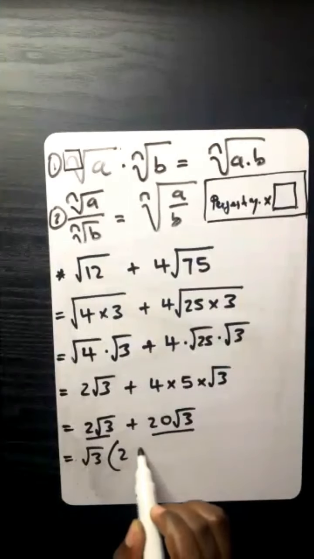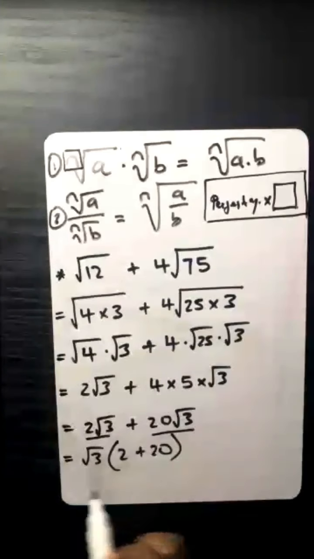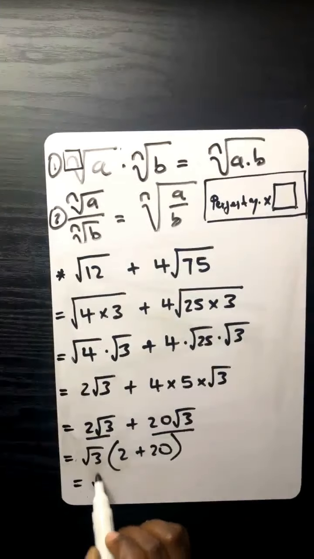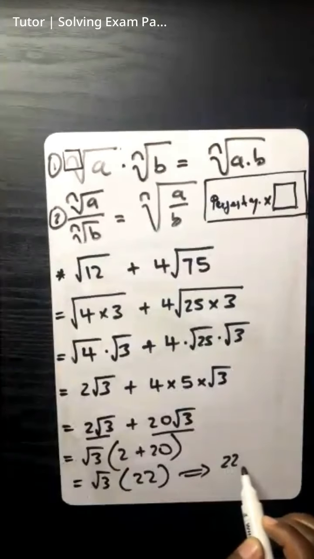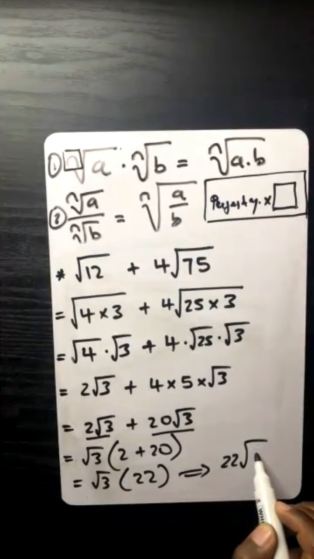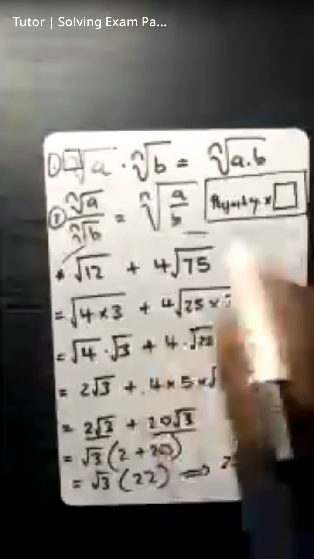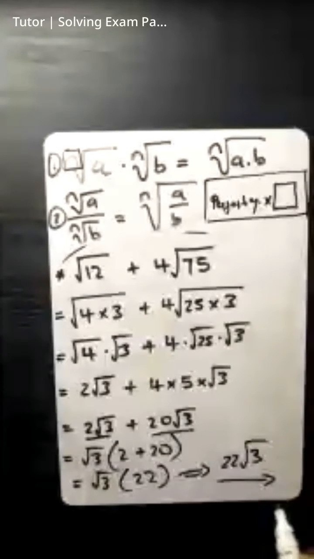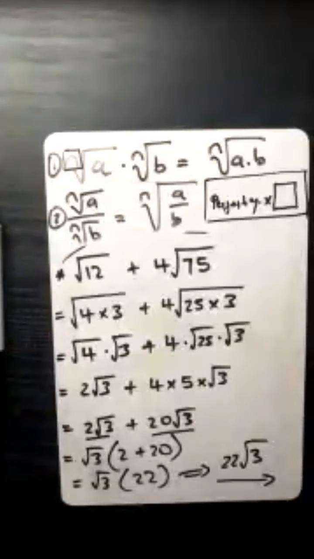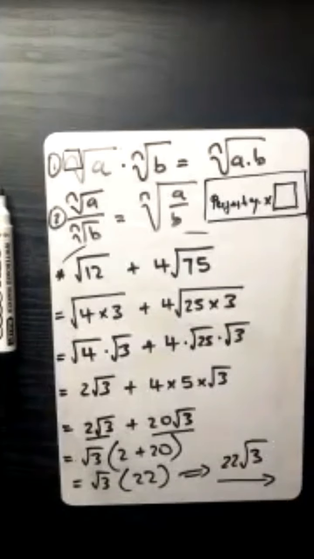Inside, you've got that 2 plus you've got that 20. Then this is equals to square root of 3 into 22, which is equals to 22 is the coefficient. Then you have square root of 3. Then punch all of this on a calculator and check if it gives you that answer. Yes, it does.